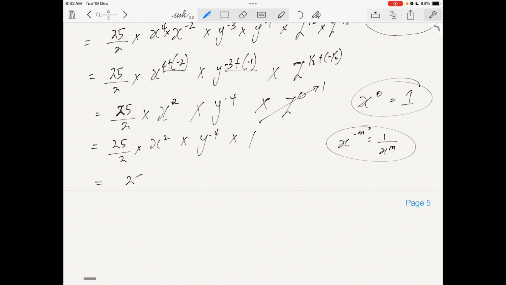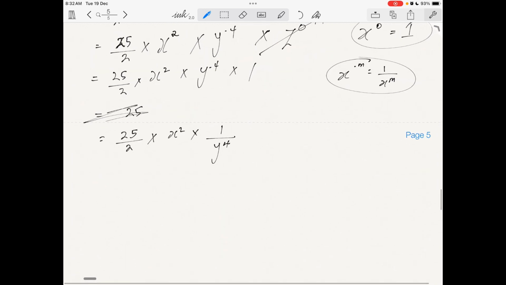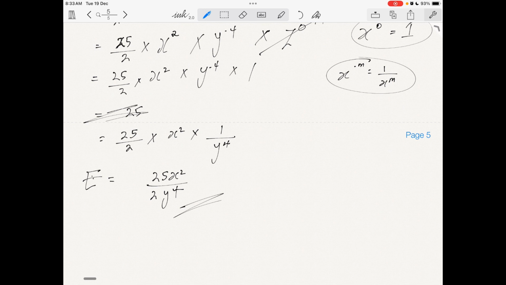So we have 25 over 2 multiplied by x squared multiplied by 1 divided by y raised to the power 4. Since it's multiplied by 1, we can leave that aside. So that will give me 25 x squared over 2 y raised to the power 4. And this will be the final answer for E.